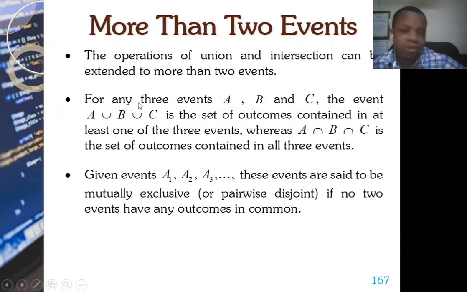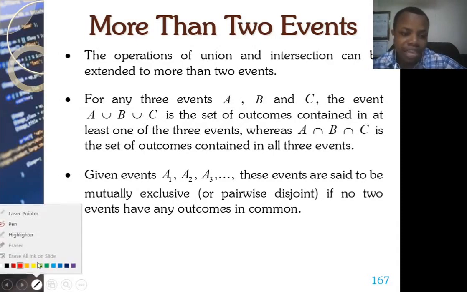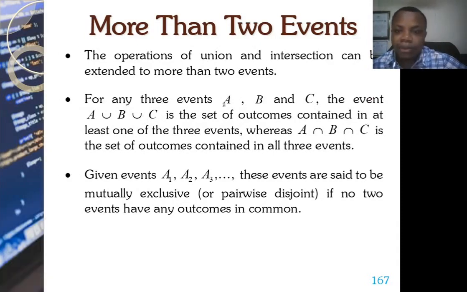For instance, suppose we have events A, B, C, D, and we would like to determine their union. That will be the same as A union B union C, and that could also be done. In that same case, we could also have mutually exclusive events, which, remember, implies that these events have nothing in common and for that matter cannot occur at the same time. We could also look at their intersections, that is A intersection B intersection C.